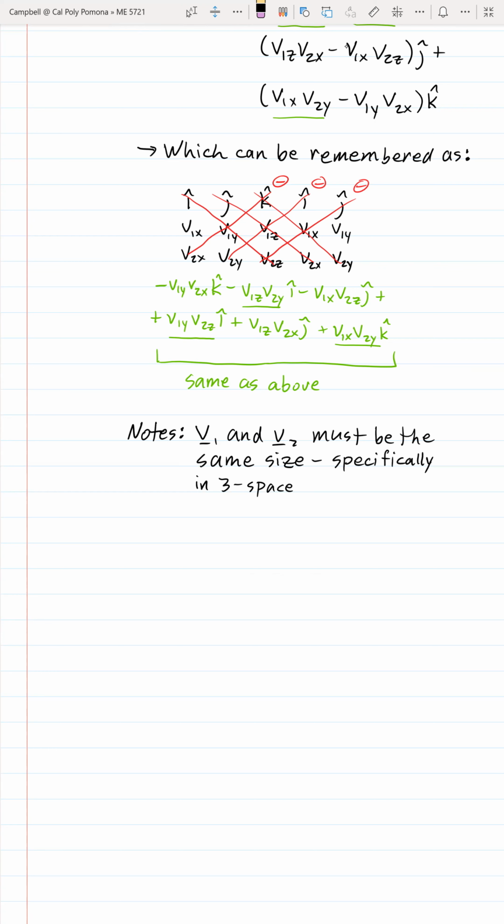And that is especially true and a little bit confusing when we have no component in the direction of the 3rd unit vector. Because then we might be tempted to just write the first 2 components and completely omit the last component, which would then make it look like that vector is in 2 space rather than 3 space.